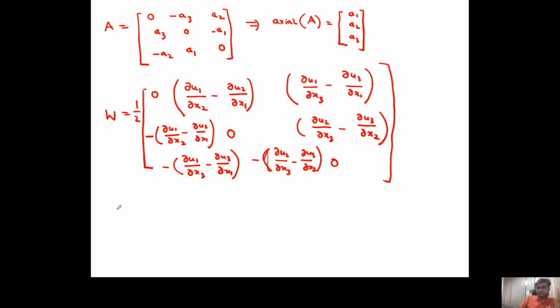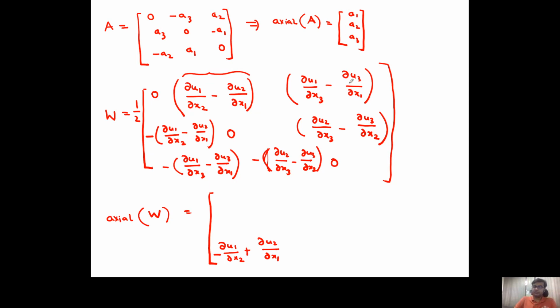Now you tell me, by comparing with the above matrix, what is axial of W? Axial of W will be, so this location is 1, 2. So that means this term will go into the third location. So the third one will become del U1 by del X2 minus del U2 by del X1. But now there will be a minus sign before that. So this will become minus, this will become plus.